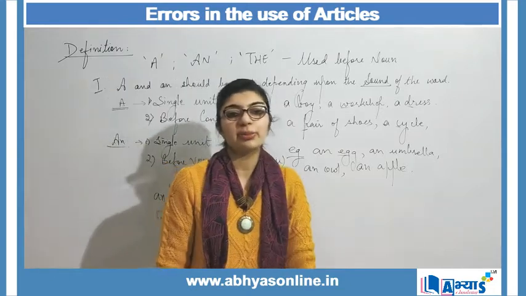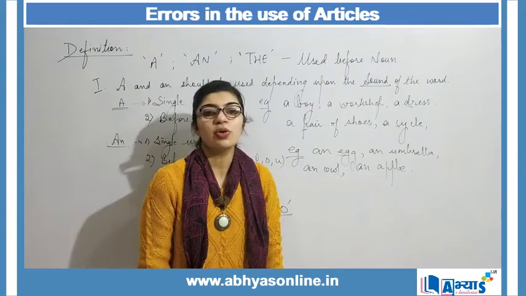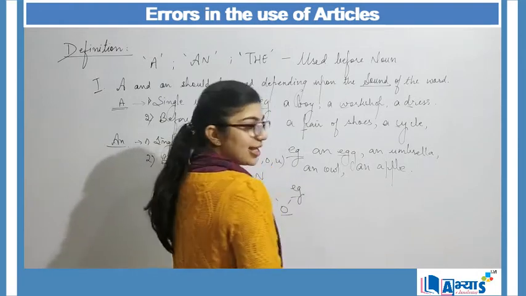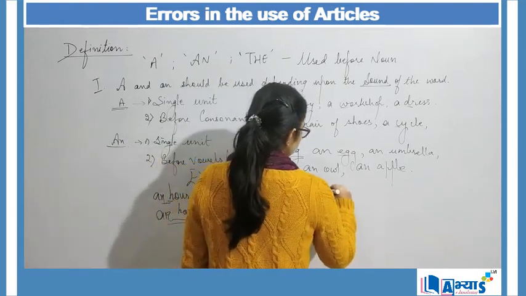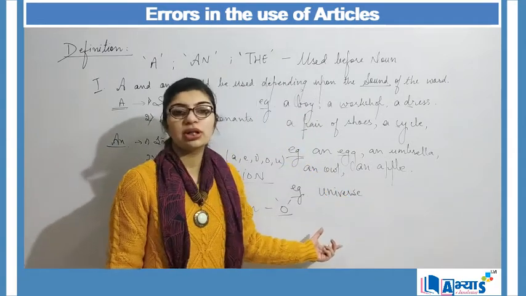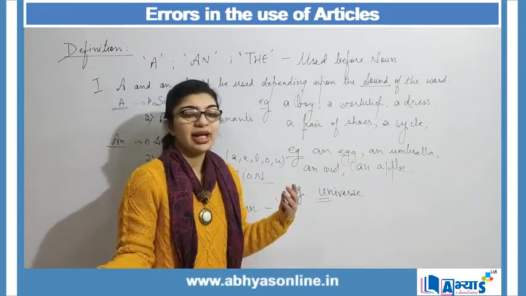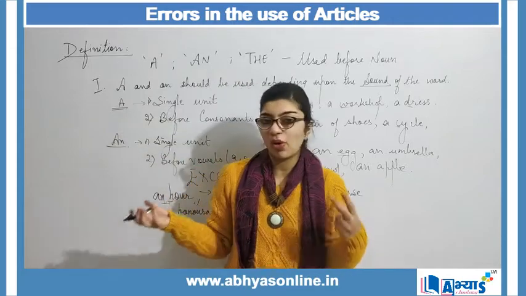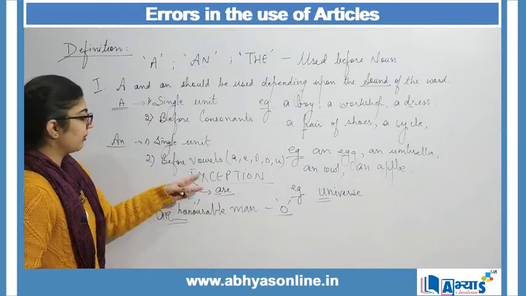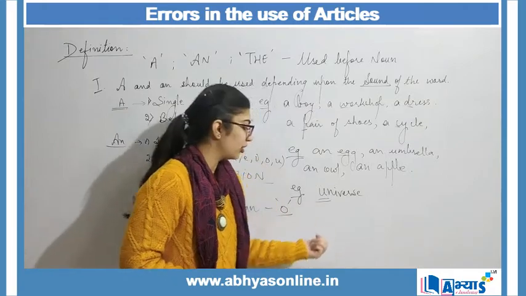Next we will be talking about the vowels which sound like consonants. So some examples can be, I say universe. When I am talking about the word universe, I know that the first letter is U, and just like we have all read the rule, that before vowels we make use of article an, and directly one can see that there is a vowel and you write an over here.